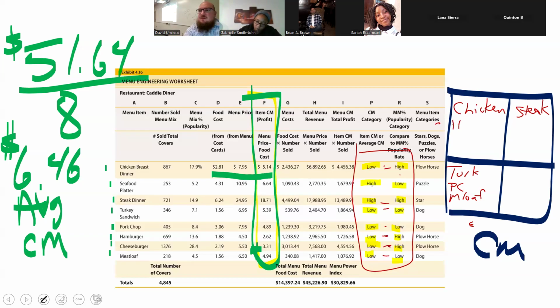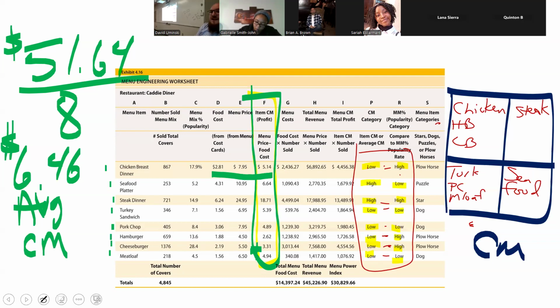So that's my hamburger, cheeseburger, and what's left is my seafood. Seafood platter is my puzzle. So now I've categorized all of these items into one of the 4 categories.